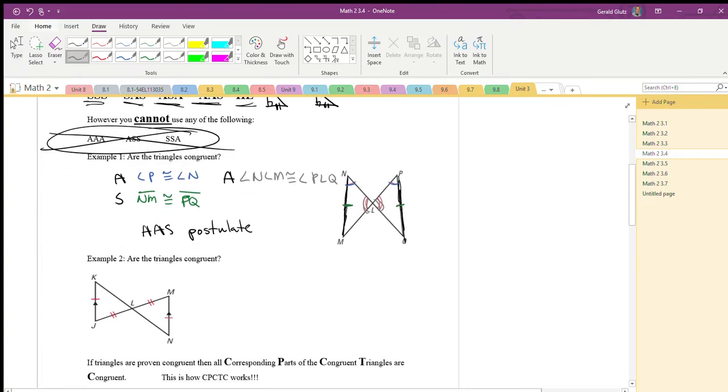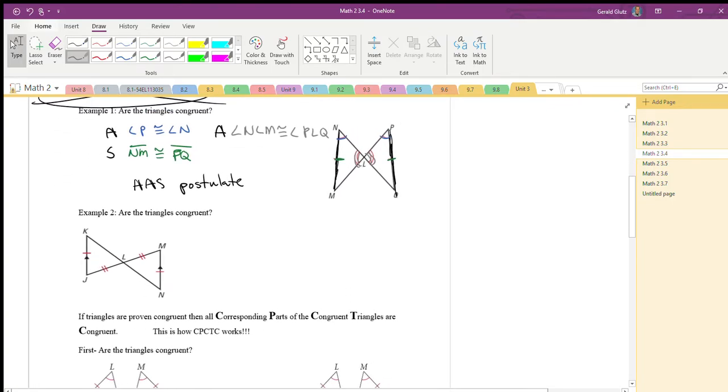So example 2, are the two triangles congruent? So again, this right here is very important. This little symbol, these arrows, that is telling us that those lines are parallel. So I know that KJ is congruent to, oops, that's backwards.